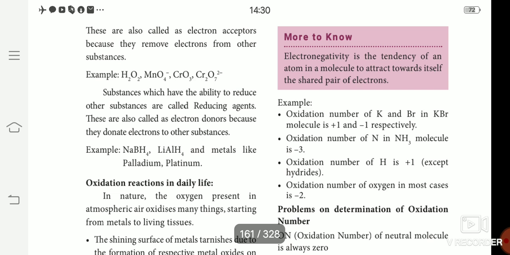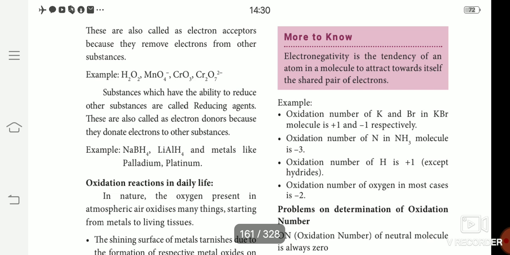Then the next example is fresh cut vegetables and fruits. One example of a vegetable is potatoes, and of fruits, apple. When the fruit is cut, immediately on reaction with atmospheric air, the color of the surface changes.